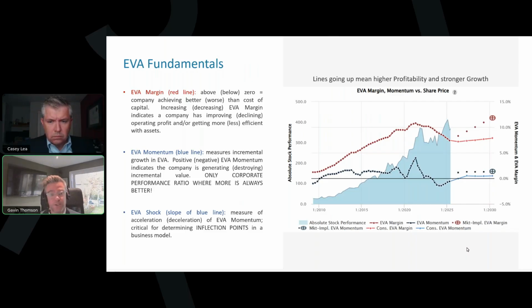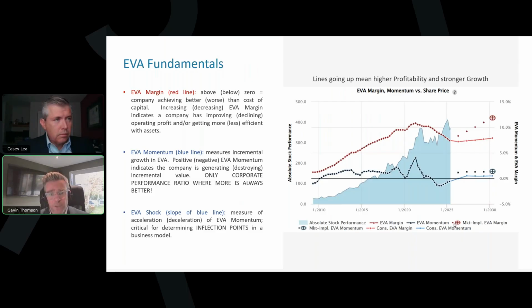And we use EVA shock a lot in investment timing, because certainly if you're looking at a positive EVA inflection, as we saw kind of around that 2023-24 bottom in momentum, so it was negative but bottomed out, started to improve, and actually you can see the blue shaded area is the absolute stock performance for this stock, and had kind of tracked pretty well with that change in momentum.